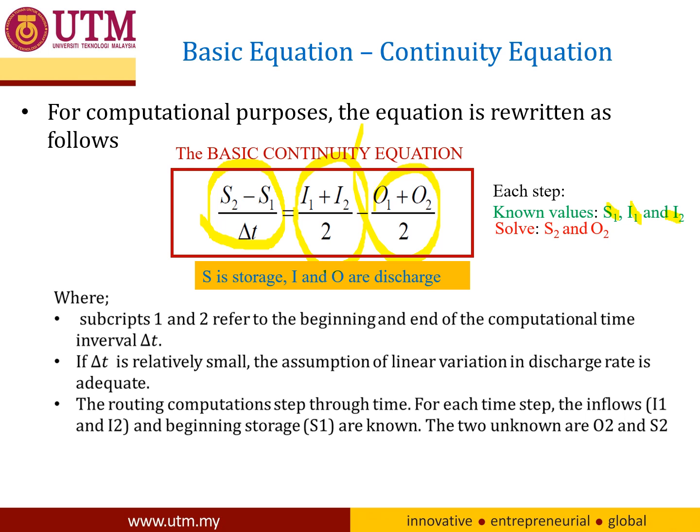But we need to solve for the storage of the next time step, the second time step, and the outflow of the second time step. So what we know is S1, I1, and I2. What we want to solve is S2 and O2.